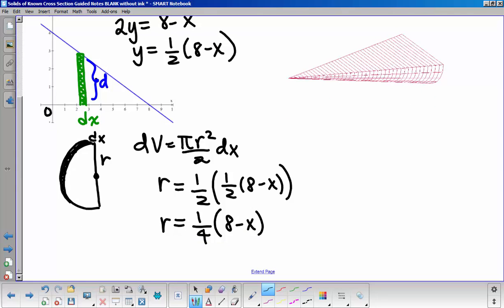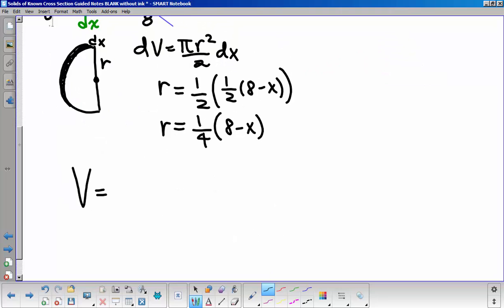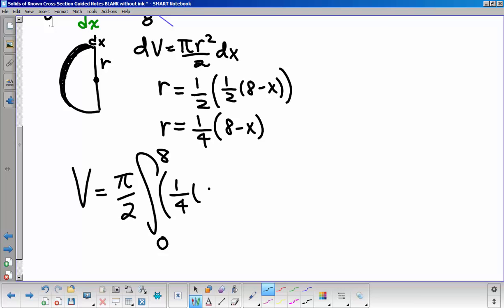And we're going from 0 to 8. So the volume here is going to equal, what is the constant in here? It's going to be pi over 2 times the integral from 0 to 8 of r squared. Well, this is r squared, so we're going to go 1/4 times 8 minus x, quantity squared, dx.